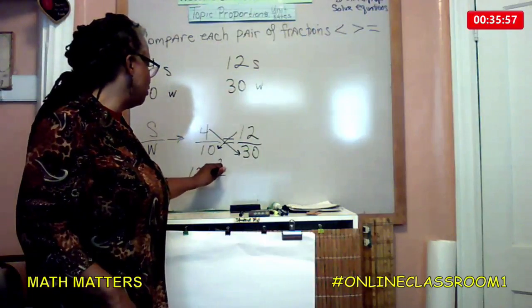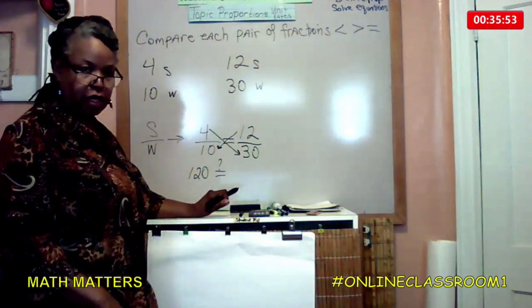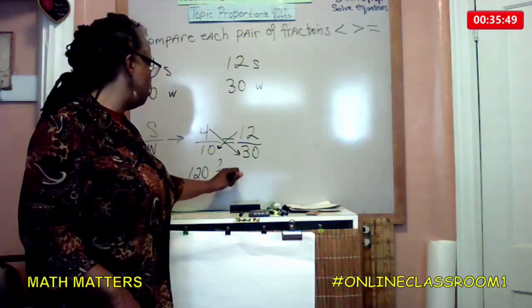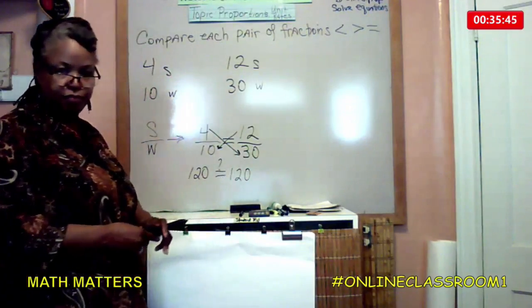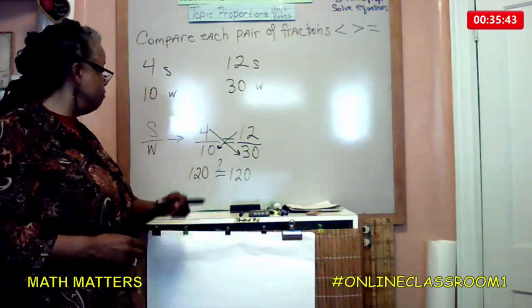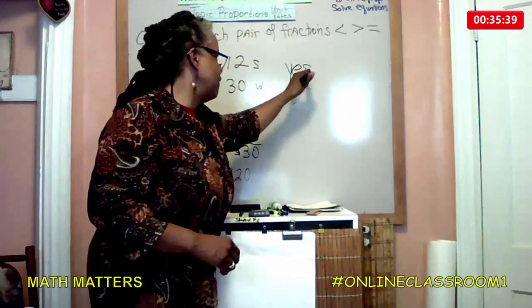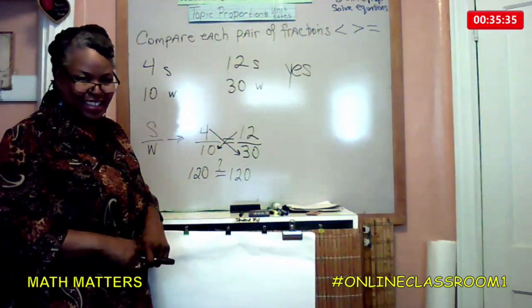Does that equal 4 times 30? Once again, multiplying the digits that are not 0, we get 12 and attach 1 0 to complete our answer. Guess what? Yes. We can expect the same flavor.